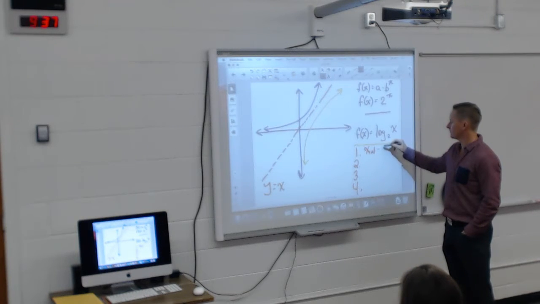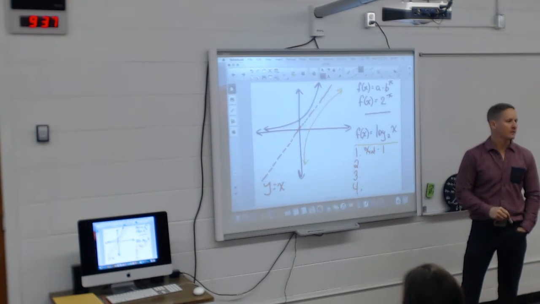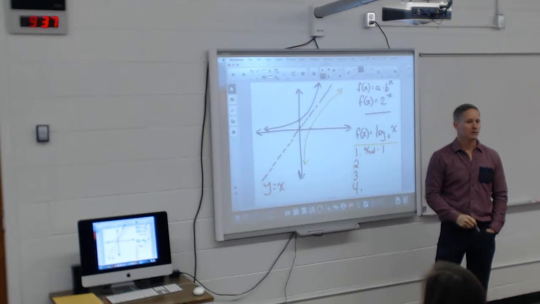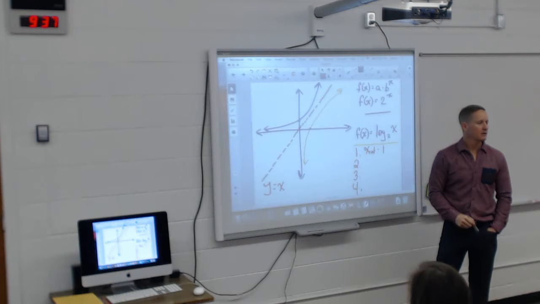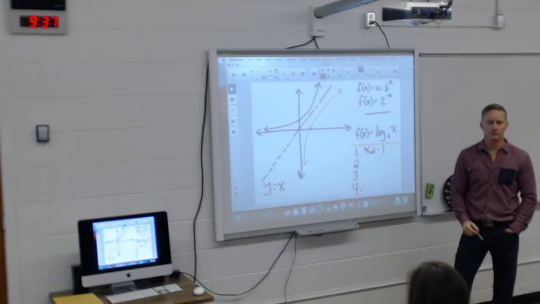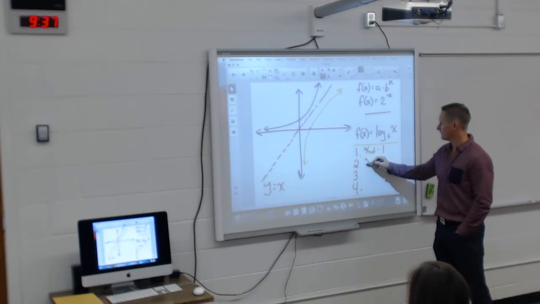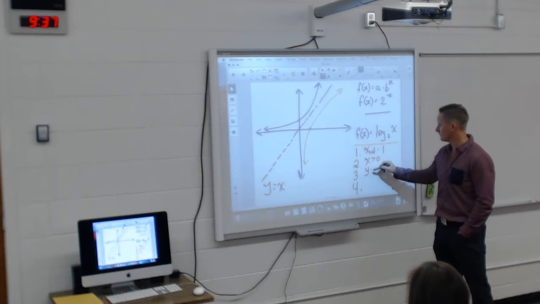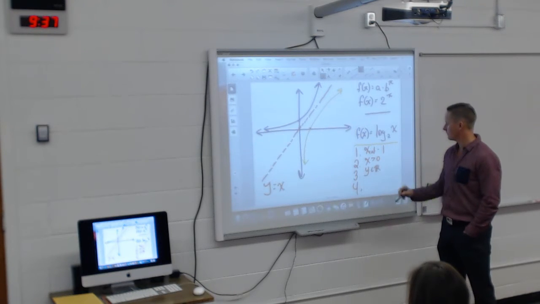X-intercept is 1. It's a mirror image. It's right there. Right? What's the domain for this graph? X is greater than 0. What's the range for that graph? Y is an element of all reals.